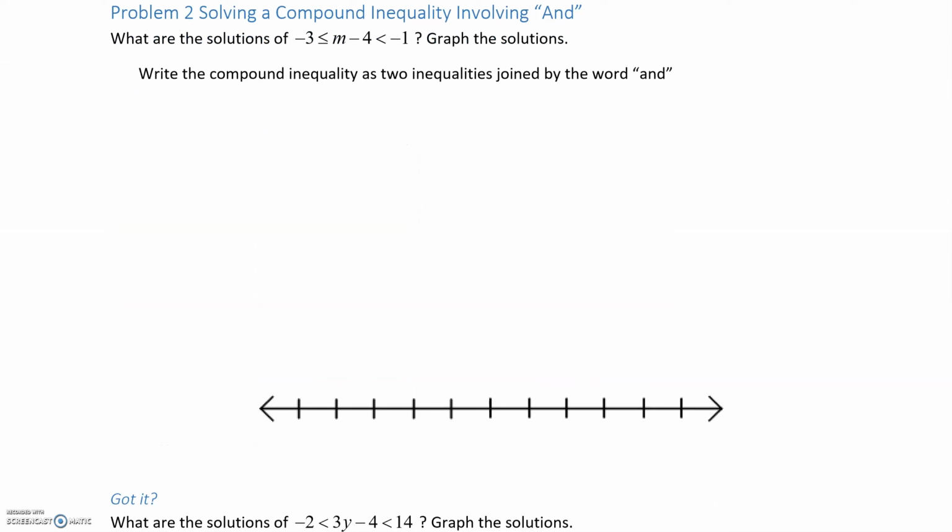Okay. So when we solve these, what we're going to do is we have -3 is less than or equal to m minus 4 is less than -1. All we're going to do is move things away from this m, the m is always going to be in the middle. We are going to do it to both sides of the inequality. So we're going to add 4 to all three spaces.